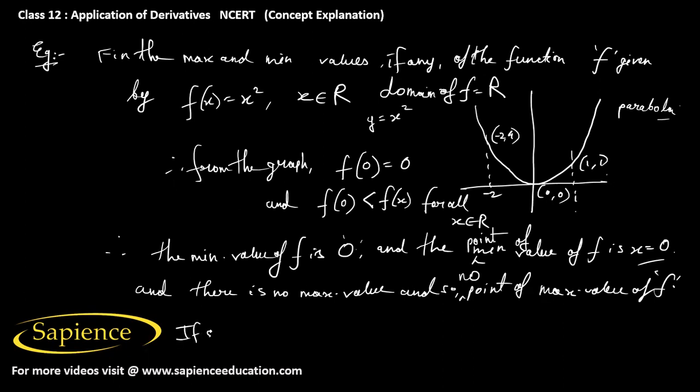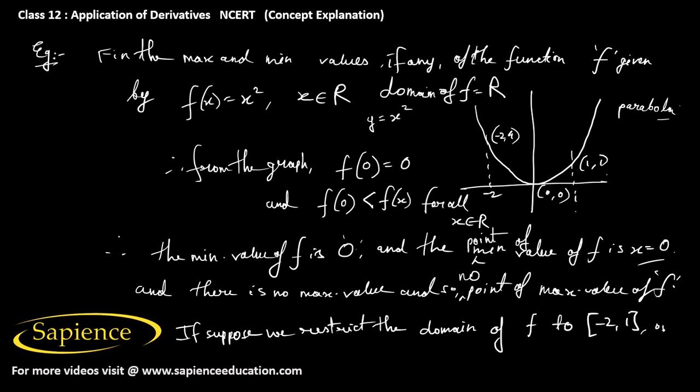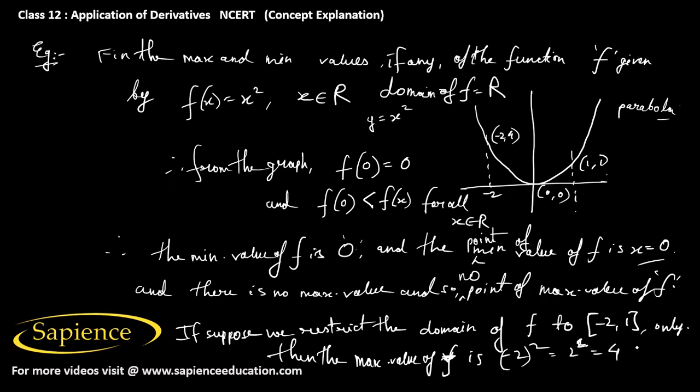So if we restrict the domain of the function f to the closed interval -2 to 1 only, then the maximum value of f is -2 whole square, which is 2 square, which is 4, and it occurs at x equal to -2.